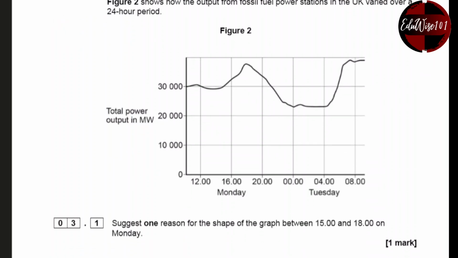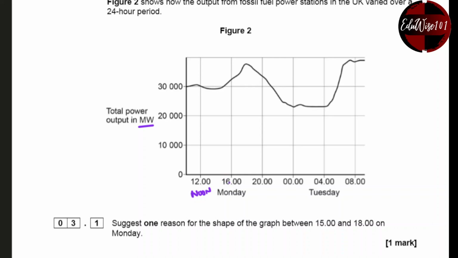So in this line graph, you can see the total power output in megawatts goes from 0 to about 30,000, and then it rises further. Over the course of the day, this is noon.